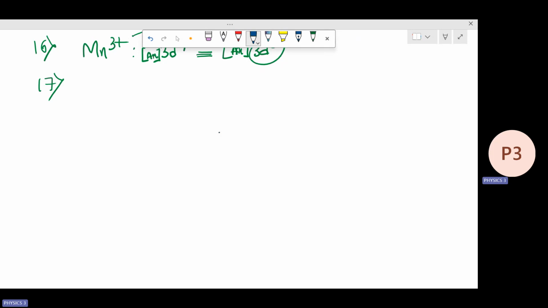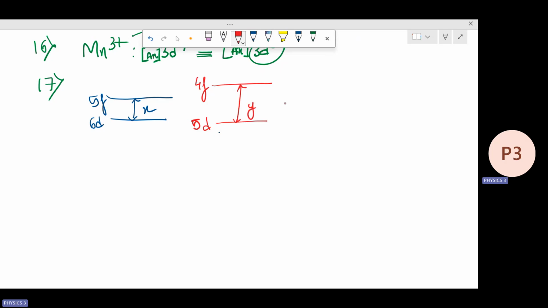When we go for 5f and 6d, let's say the energy difference is x. Similarly, for the other two orbitals, 4f and 5d, let's say the difference is y.